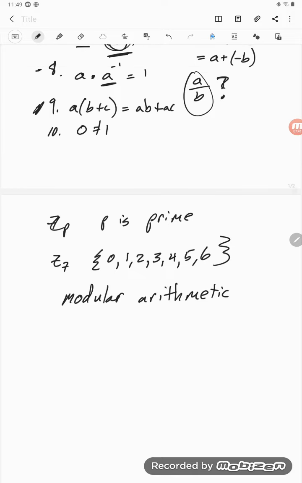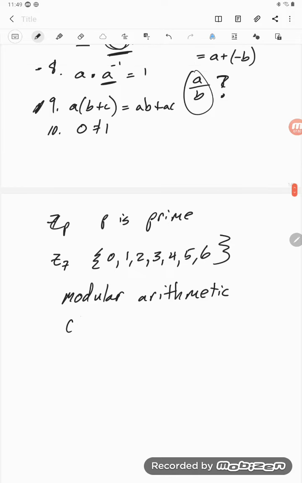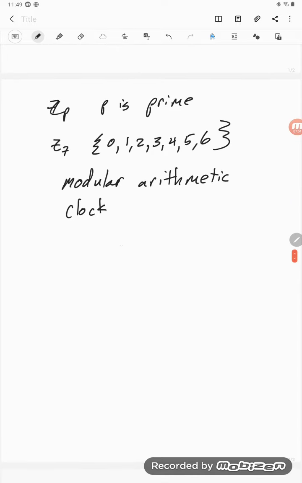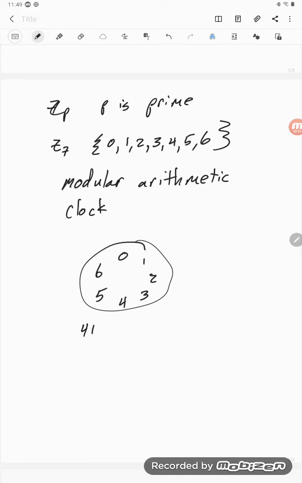Okay, so the idea is this is a clock. One way to look at it is, if we put 0, 1, 2, 3, 4, 5, and 6, and I were to ask you something like, what's 4 plus 5?